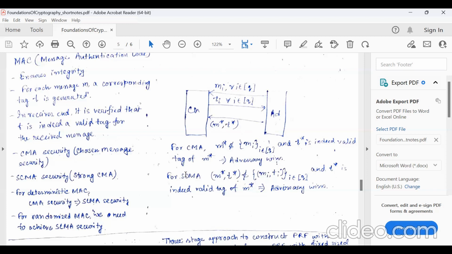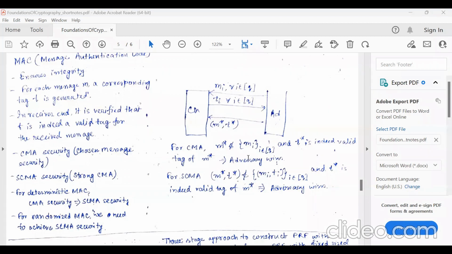And for SCMA or strong chosen message security, you have to ensure that the probability of adversary winning is again negligible, but when adversary wins in this game, that is the whole pair M star comma T star should not belong to any of the Mi, Ti pairs for this Q number of queries. Okay.